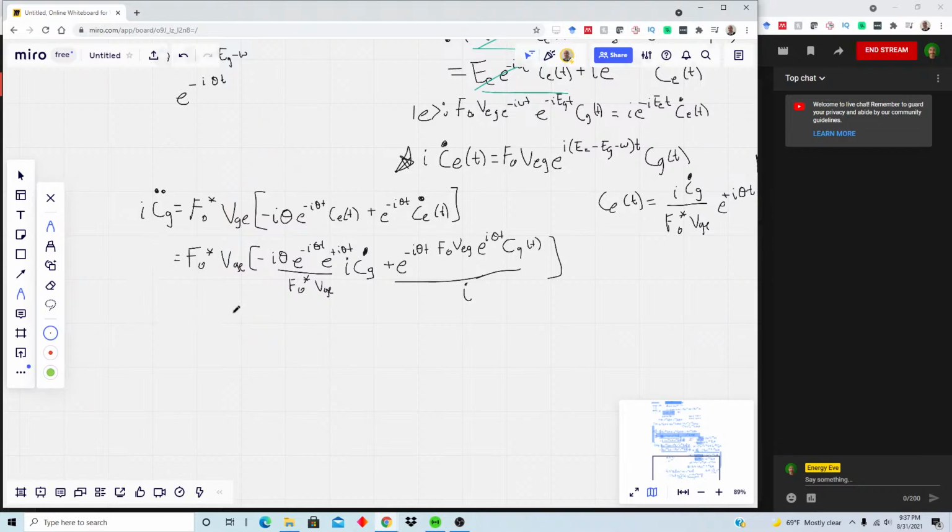We'll rewrite this and we'll distribute this out. So this term cancels out with these two. These cancel out. i times i is minus 1, times minus is positive. So we're literally just left with CG, oh, times theta. Can't forget the theta.